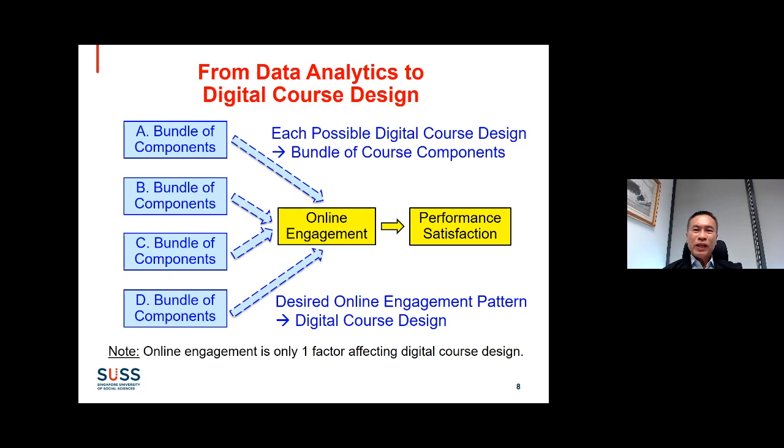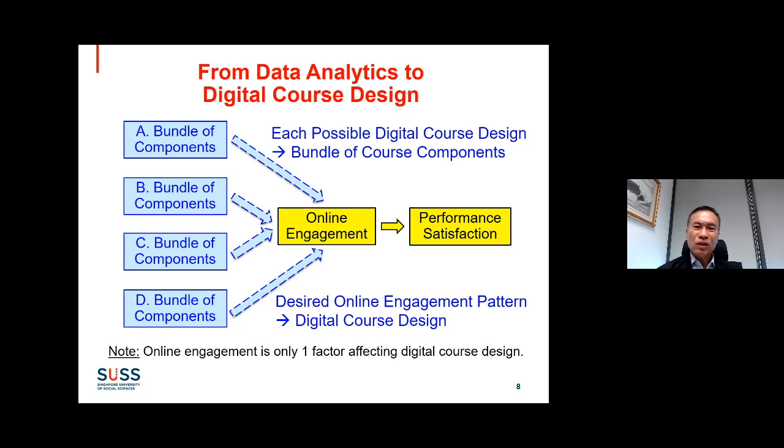Now, if we have in this example 4 different course designs, the different components and course designs will generate a certain pattern of online engagement. Different instructional materials, different activities, different interactions will lead to a different pattern or different profile of online engagement behavior.